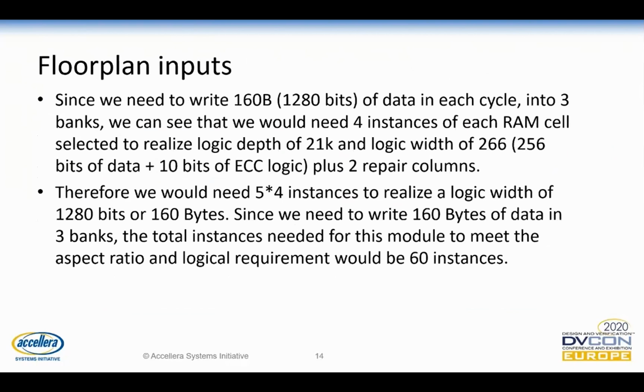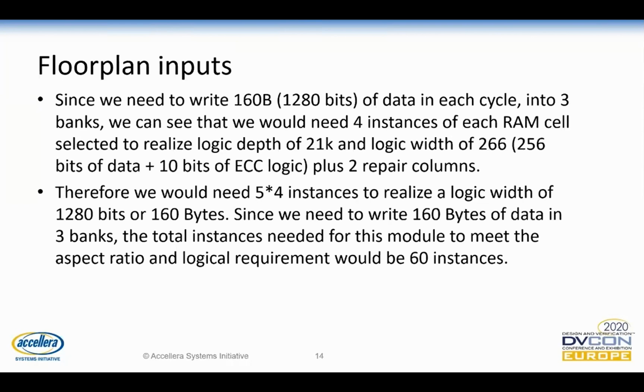Now, floor plan inputs. Since we need to write 160 bytes, which is 1280 bits of data in each cycle, into 3 banks, we can see that we would need 4 instances of each RAM cell selected to realize logic depth of 21K approximately and logic width of 266 bits, which comprises 256 bits of data, 10 bits of error correction logic, plus 2 repair columns.